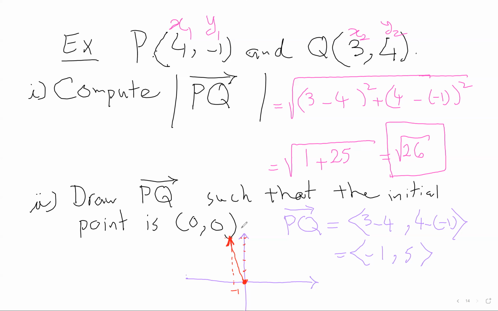Although the vector that you see on the screen, which initiates from 0, 0, looks different from PQ, in fact, it is equal to PQ because they have the same length and the same direction. So this is the vector -1, 5, and vector -1, 5 is equal to the vector connecting P to Q.